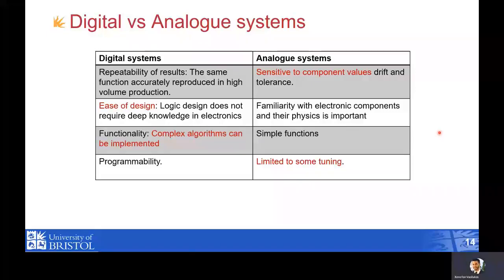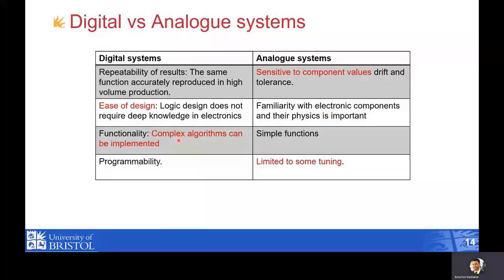Digital systems are easy to design, whereas analog systems, well, you need to be familiar with the fundamental physics. And let's say that if you have experience with both of them, you would realize that digital is always easier than analog.